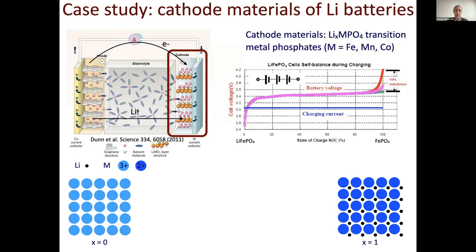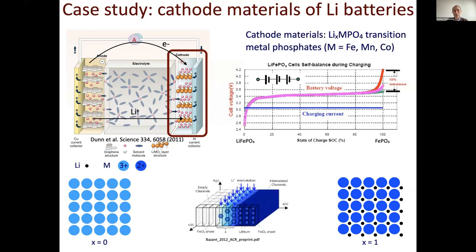So what we have in between these two stages is this phase, a little bit of this phase, and a little bit of this phase that don't mix with each other. So lithium, while arriving at the cathode, lets the lithium-rich phase grow at the expense of the other, lithium-poor phase, the delithiated phase, that shrinks correspondingly.